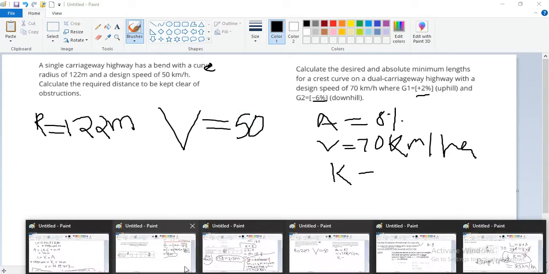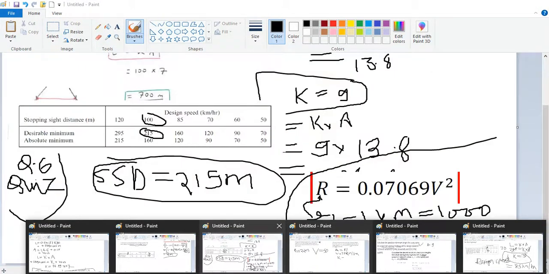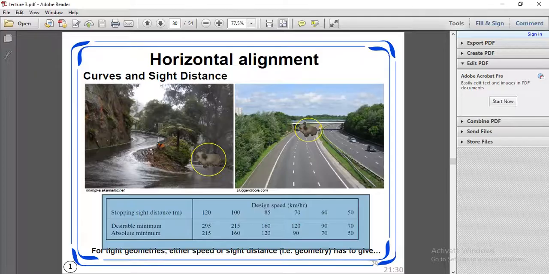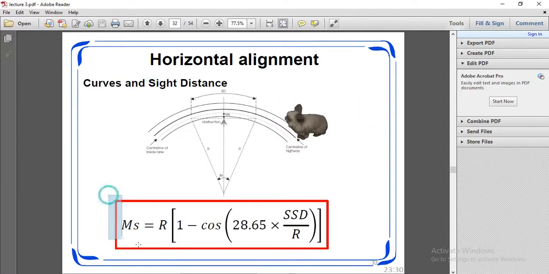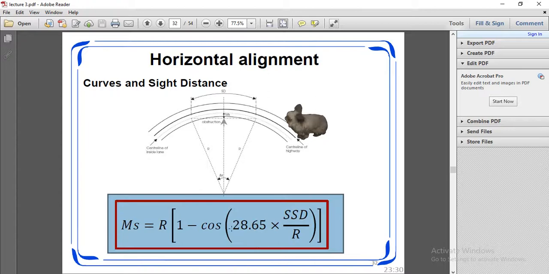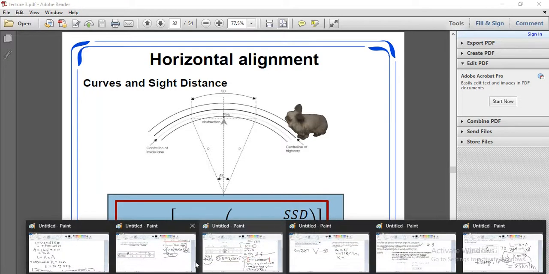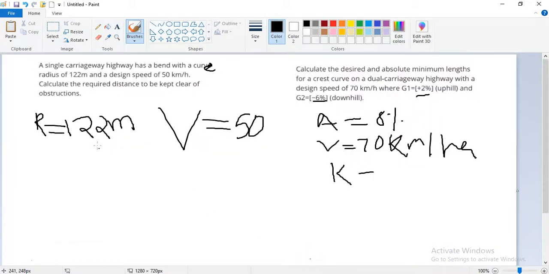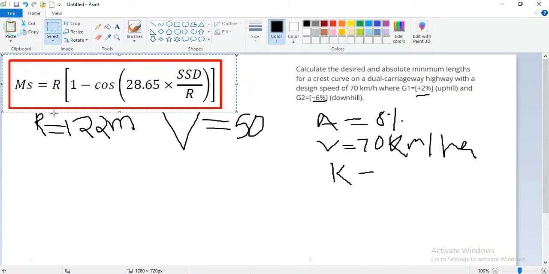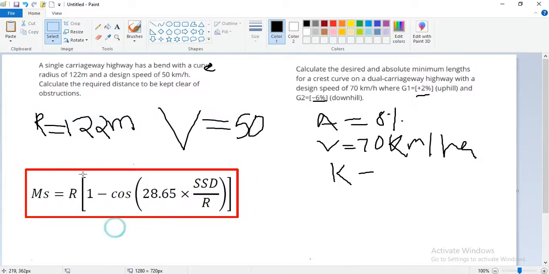We have already solved this question today. We just required to use this formula. We have the value of R here, and we can put this value of R here. But what is SSD?